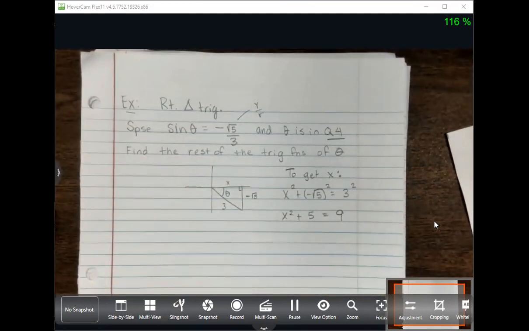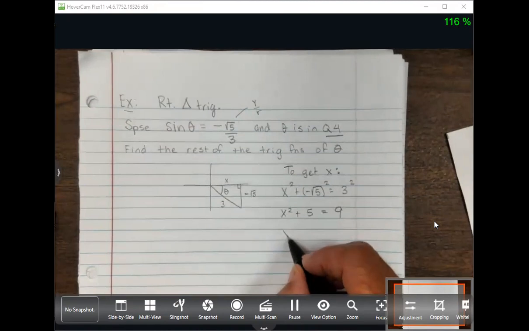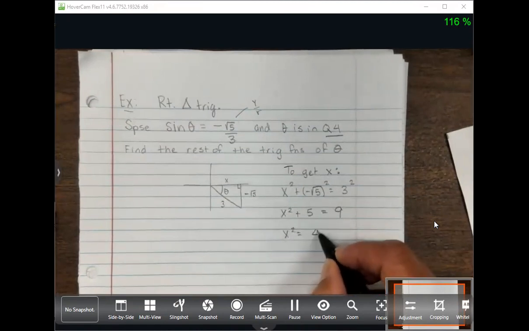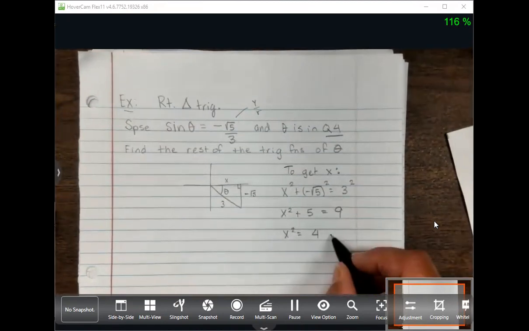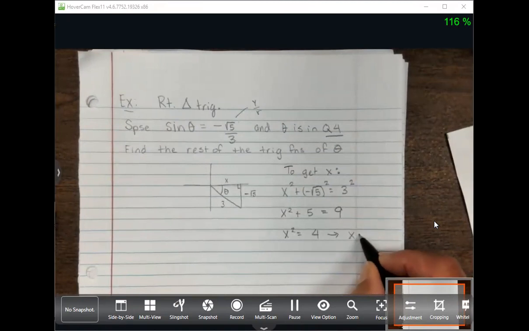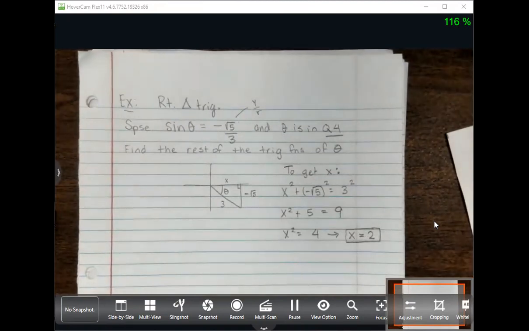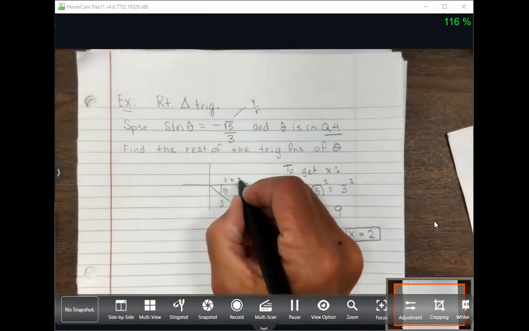If I put the 5 over there with the 9 by subtracting, I get that x squared is equal to 4. So x is, in this case, positive 2. Why did I choose positive 2 instead of negative 2? Because I have to go over to the right in the x direction and then down. So x is positive for the values in quadrants 1 and 4. So here we have x is positive 2.